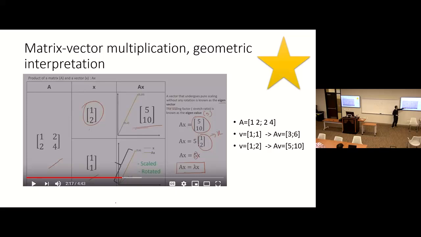If I have a vector 1, 1, so I replace this. Then my result will be, so what's that supposed to be? 3, 6.